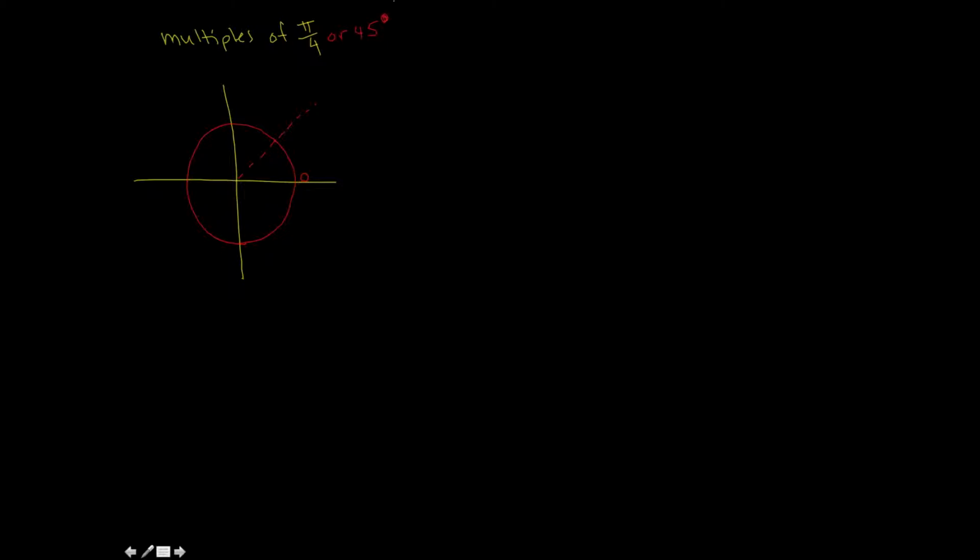I want you to know both terminologies, and you can use your conversion factor to change that if you need to. Whereas 2 pi over 4 is actually right here, because we already know 2 pi over 4 is pi over 2, or 90 degrees.